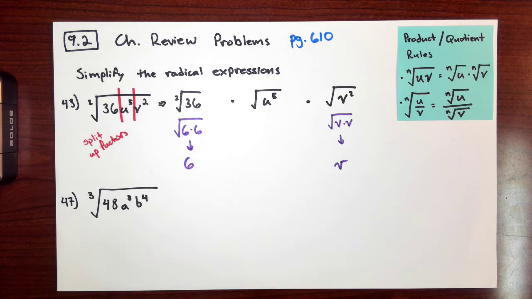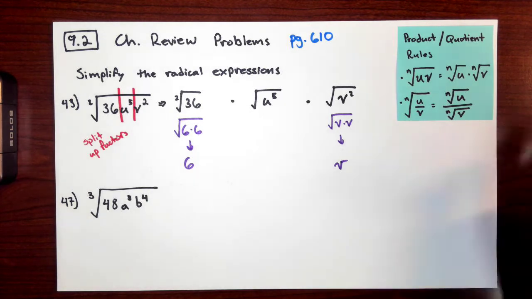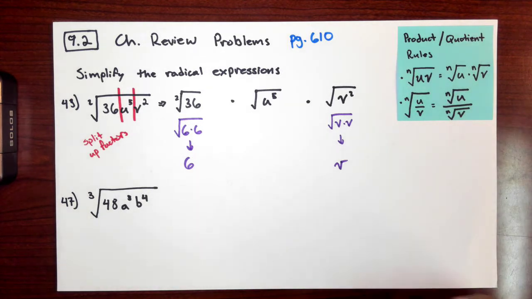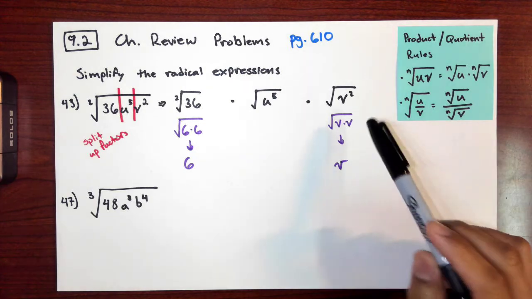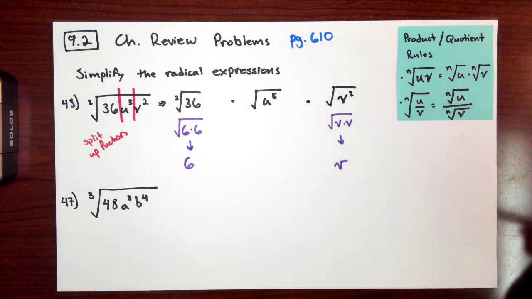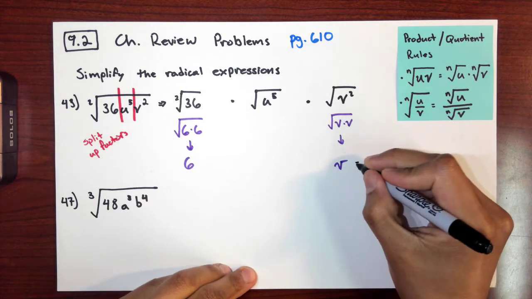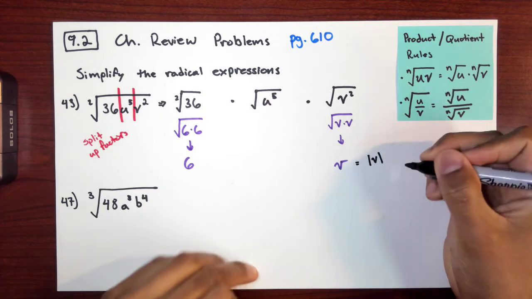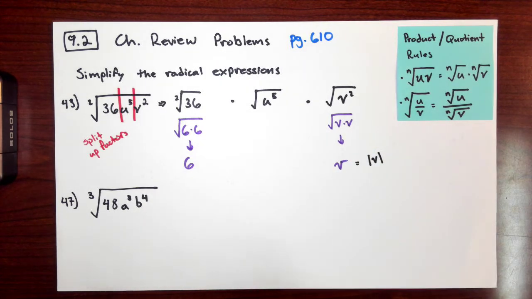Okay, now a quick side note on this. If you look in your books, for most of these problems, when you are working with the square root of something squared, it will tell you that the answer should actually be the absolute value of v, and that is technically correct. So keep that in mind.